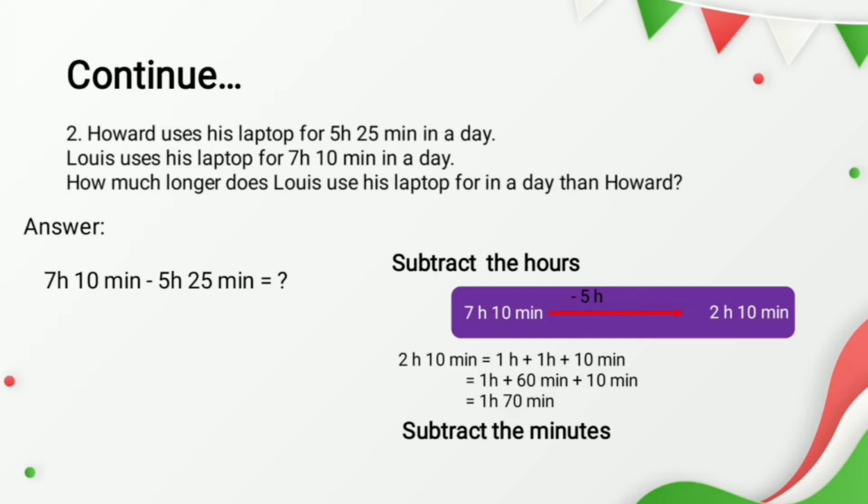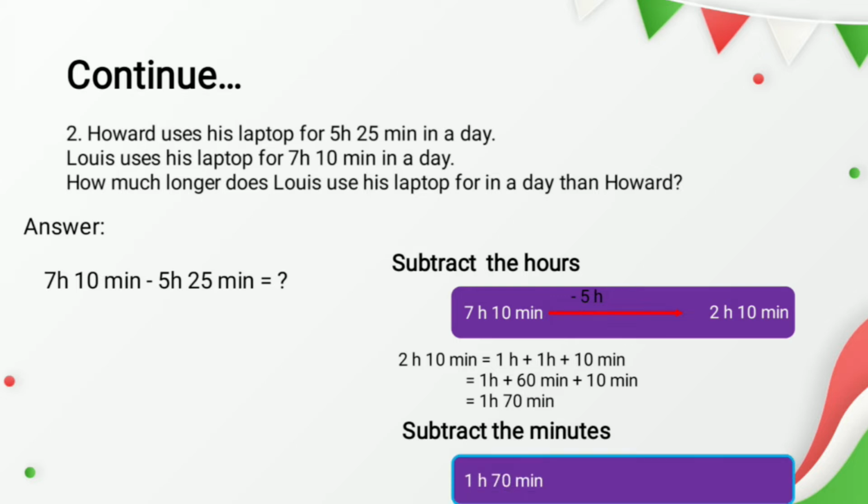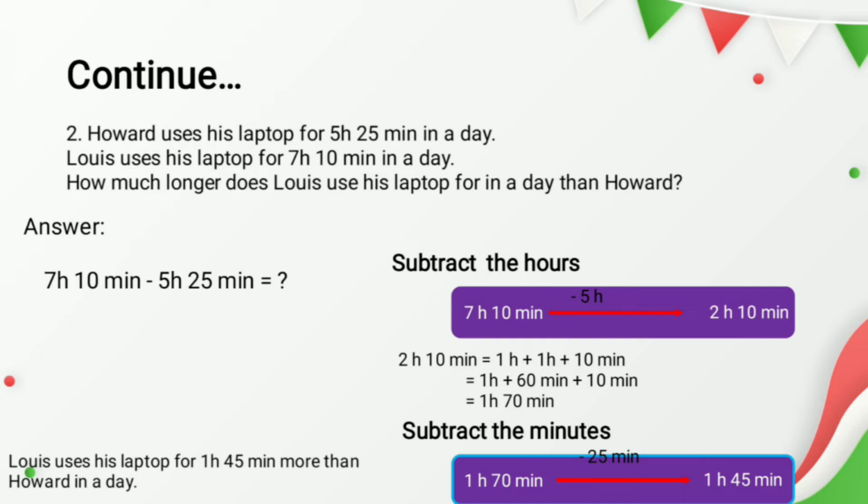Step 2. Subtract the minutes. 1 hour 70 minutes subtract 25 minutes equals 1 hour 45 minutes. So the answer, Louis uses his laptop for 1 hour 45 minutes more than Howard in a day.